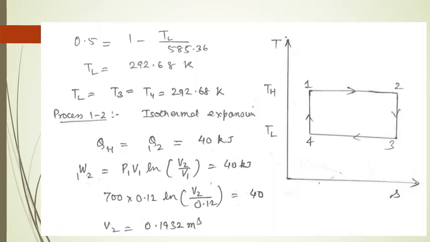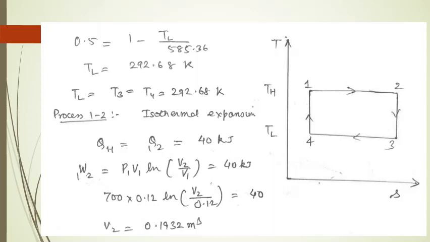4 to 1 is a reversible adiabatic compression process, and since it is isentropic, it is being shown by a vertical line. Now process 1 to 2 is isothermal expansion, so heat supplied to the working substance is 40 kilojoule, and since it is an isothermal process and the working substance is air, it will work as an ideal gas, so the change in internal energy will be 0 and heat transfer will be equal to work transfer for this process.